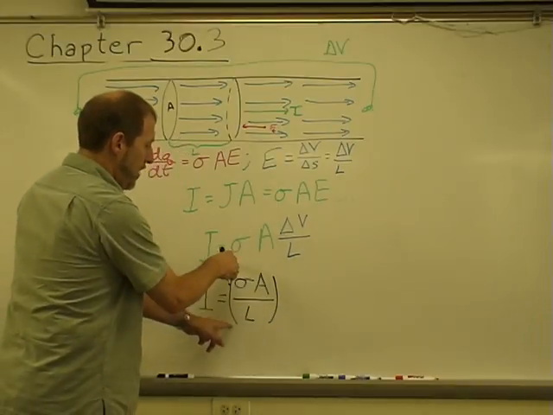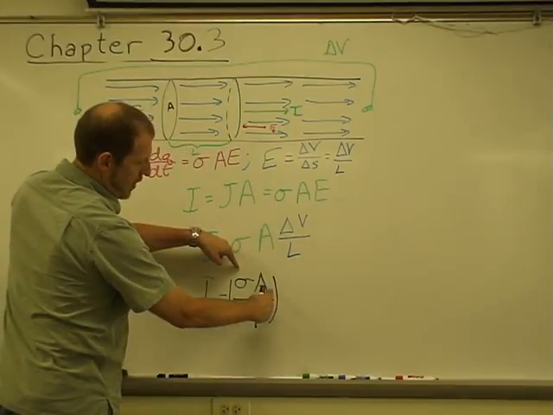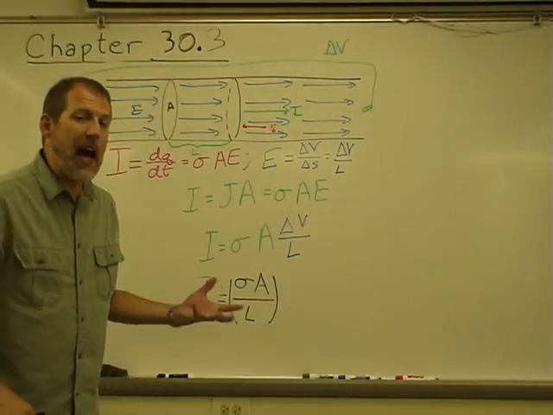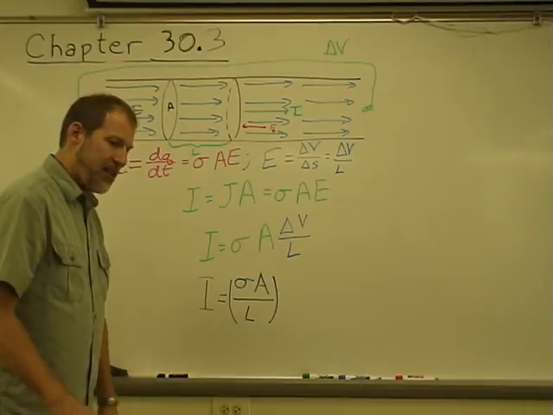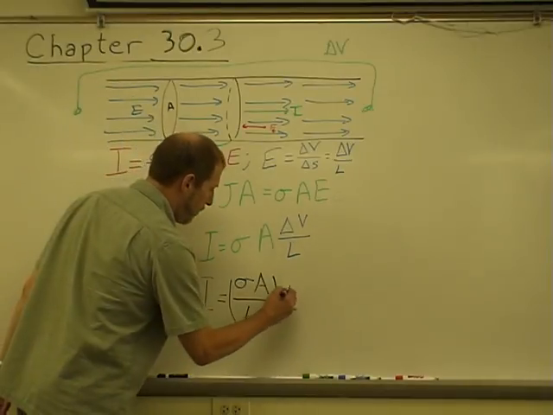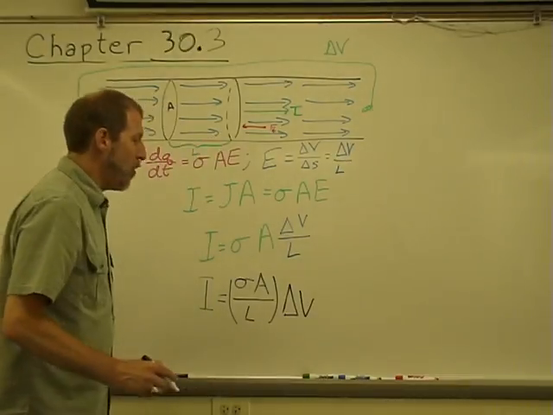So this is all material and geometry, stuff we know from the outside, stuff I can stamp on this at the factory. All of these three things, I can just write on the wire as the wire is made, times the change in potential over the wire.